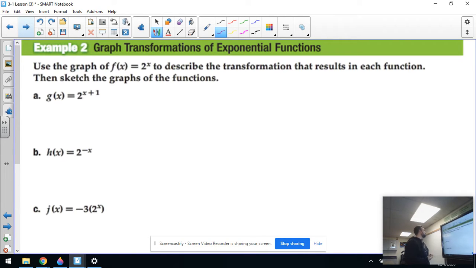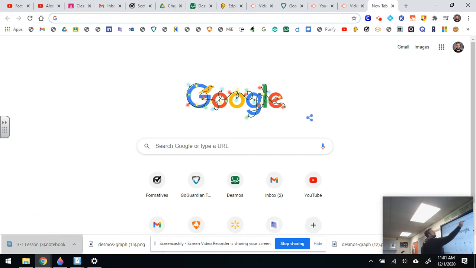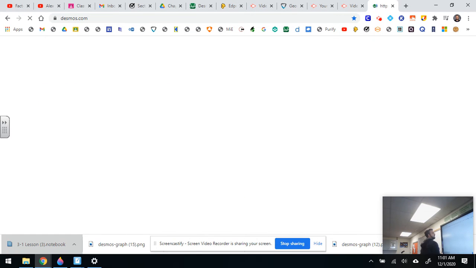Okay. So in this one, we see that we have the function f of x equals 2 to the x. And now what we're going to do is look at it when it's 2 to the x plus 1 power. Okay, let's do that. So let's go here and look at decimals.